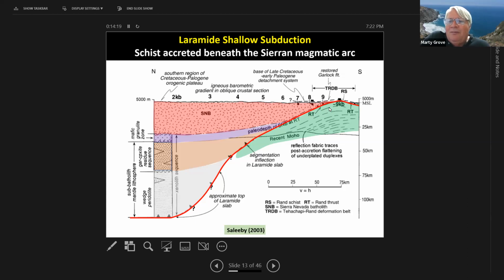In this case, in the southern Sierra Nevada, it's referred to as the Rand schist. But this material is found throughout the Southern California region in different geographic localities. It's given different names: the Pelona-Orocopia schist, probably familiar to you. In the Salinian area, we have the Schist of Salinas.